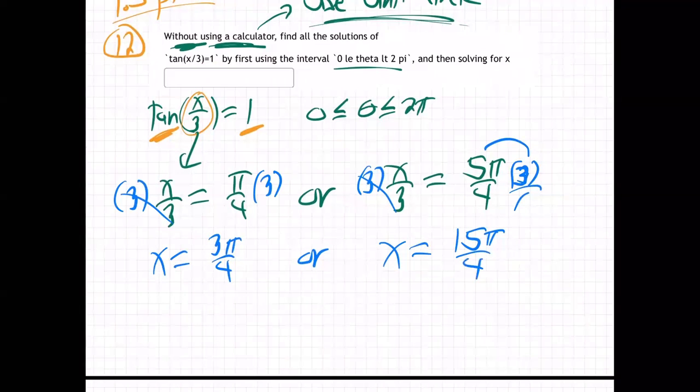So those are our two answers: 3 pi over 4, comma, 15 pi over 4. Find all solutions, we found them both, separated by a comma. And that's how you do that.